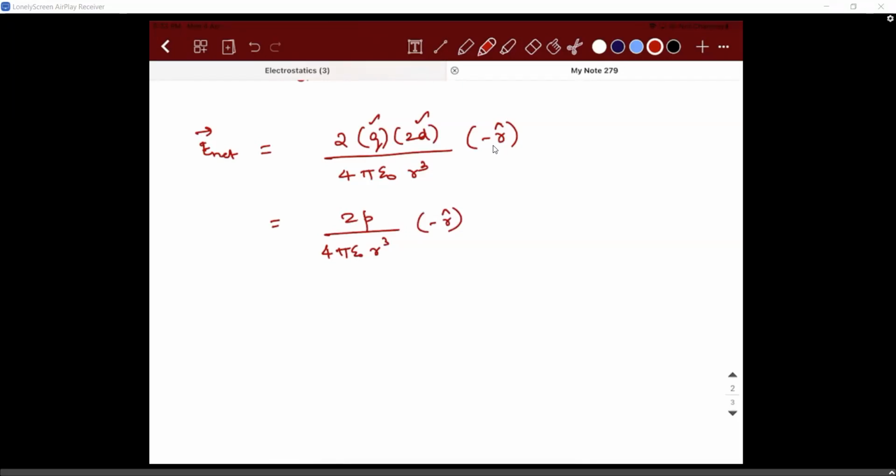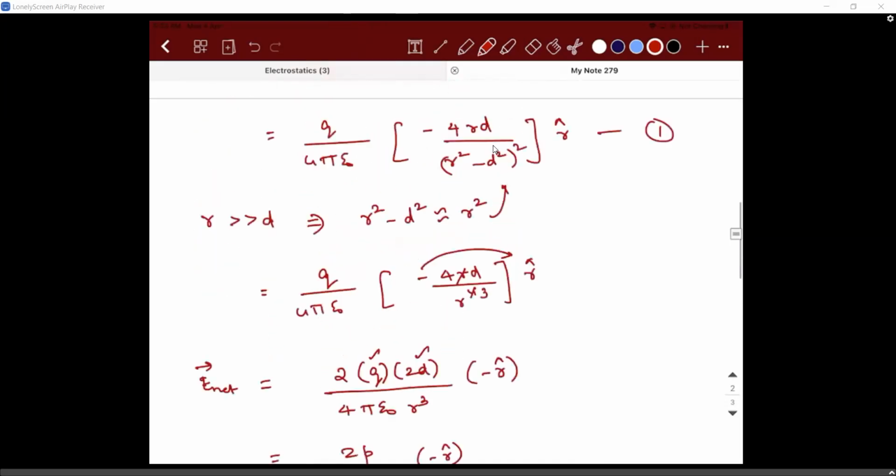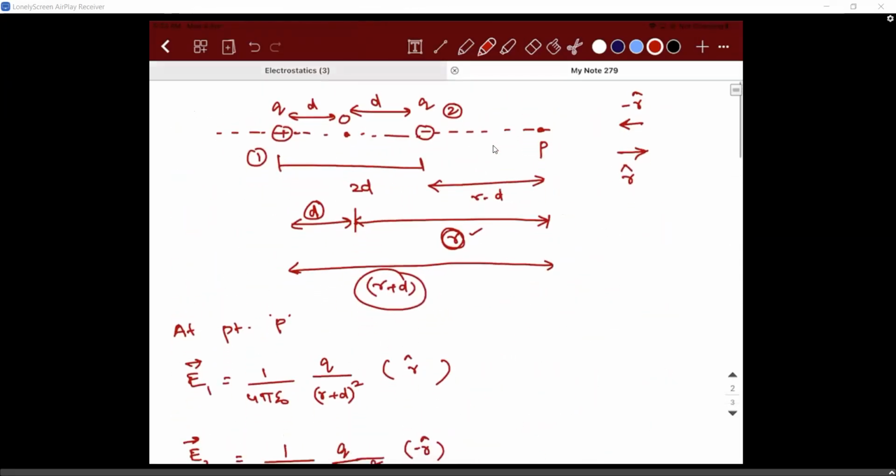For that, I need to revisit the diagram. If I have a positive charge here, negative charge here, and I took this side direction as R cap, what is the direction of dipole moment? Dipole moment is from negative to positive charge. So if I call this P cap, what is the relation between P cap and R cap?